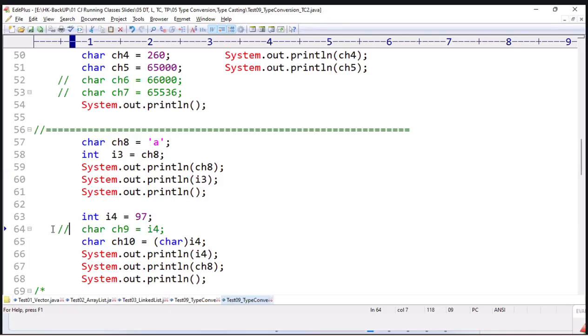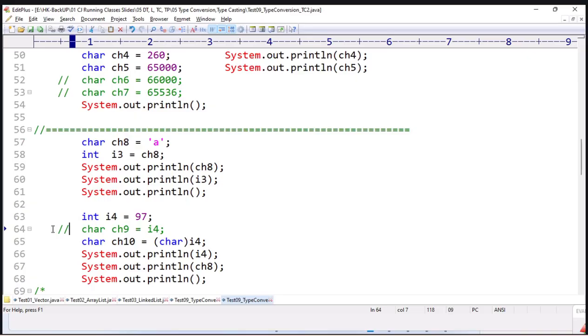Can I assign a byte literal to the char variable? You didn't study the literal chapter. We don't have a byte literal, man. There is no literal of type byte. 5 is an int literal. There is no byte literal.